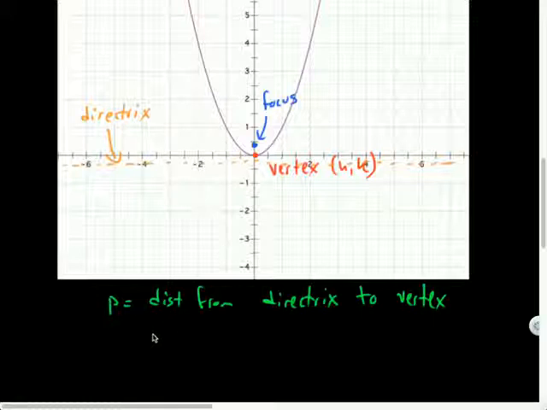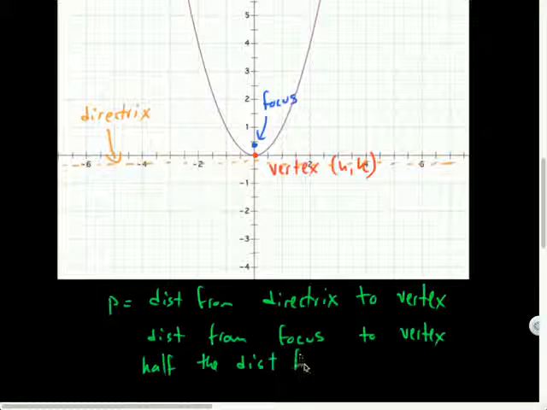It could also be described as the distance from the focus to the vertex, or it could be half the distance from directrix to focus.